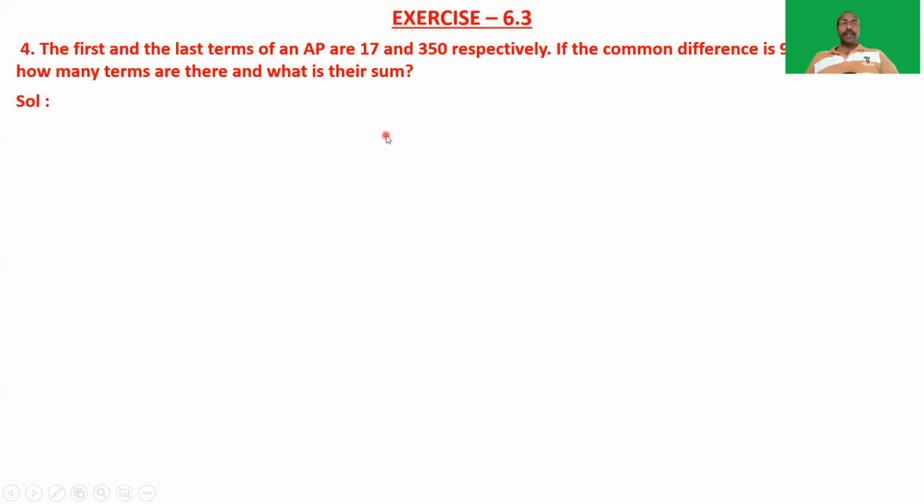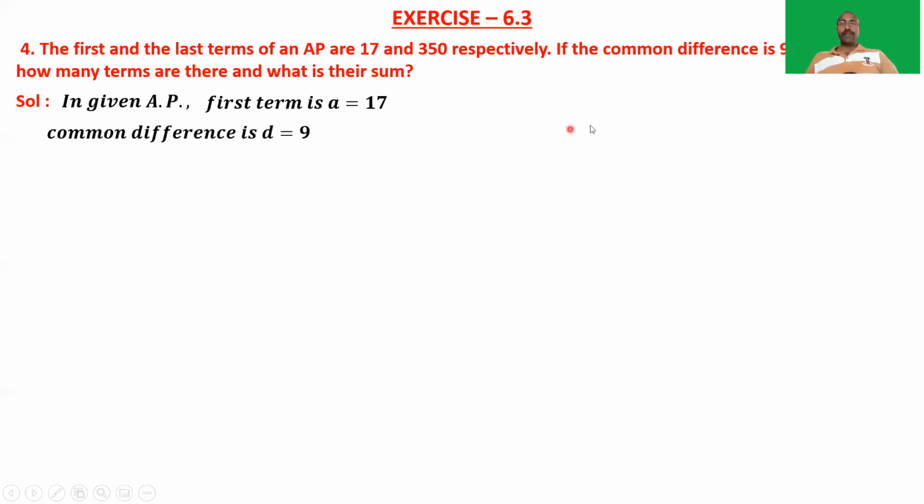So here, in given AP, first term a is 17. d is also given. Common difference d is equal to 9. And also it is given that the last number is 350. But we don't know the number of terms here.